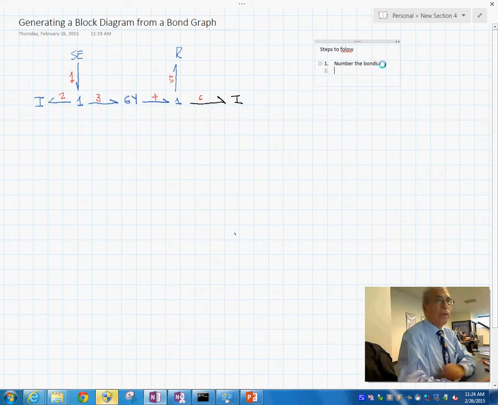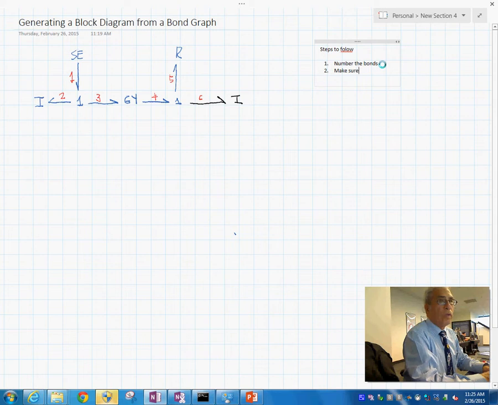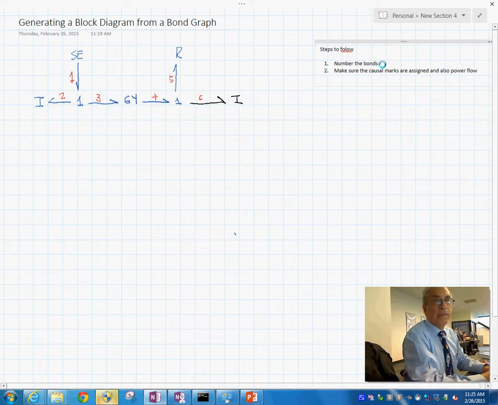But in here we say, make sure the causal marks are assigned, causal marks and also power flows, which would be the arrows here. You say completely defined.